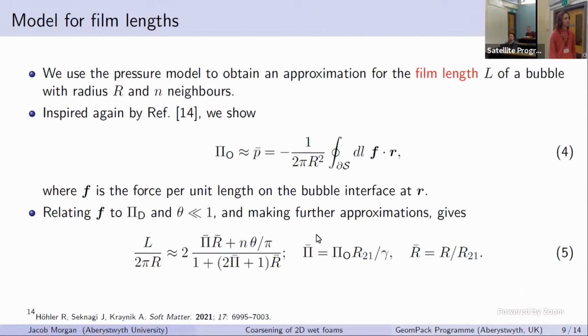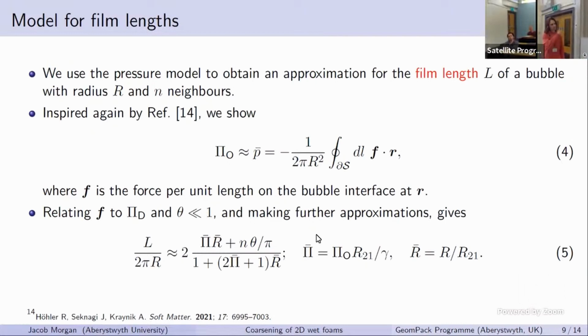And so again, taking some ideas from the work of Höhler and Cohen-Addad and Kraynik, thinking about the relationship between the averaged pressure of the bubble and the forces exerted on its boundary by its neighbours, it is possible to show, which I assume is a relatively established result, the relationship between the average pressure and these forces exerted on the interface.